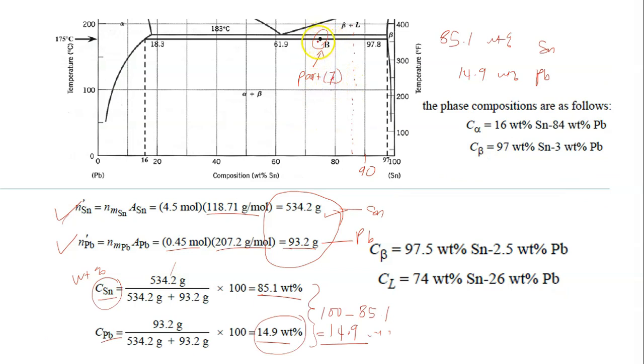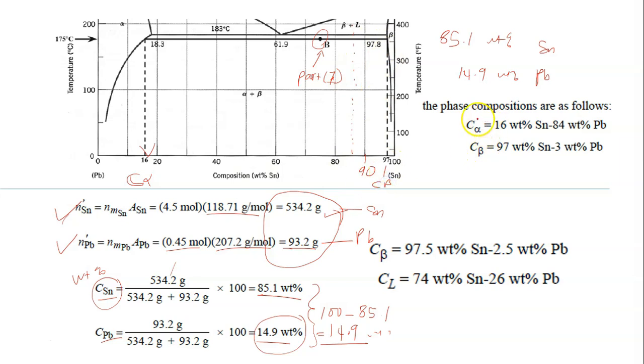Alright, so you need to draw a tie line crossing this B point, and you need to identify this C alpha, and over here is C beta.